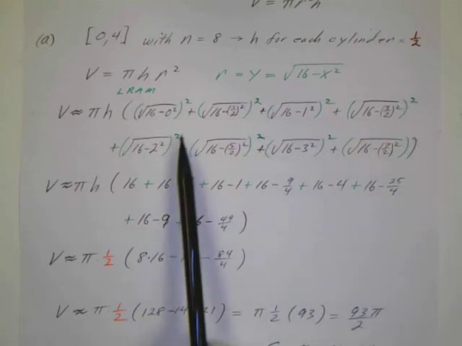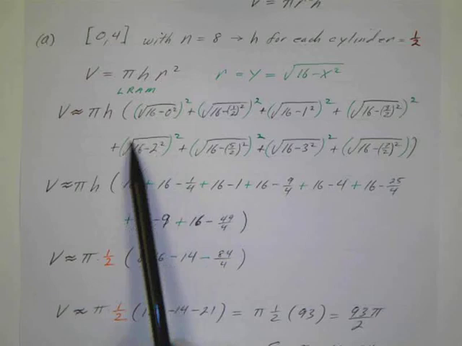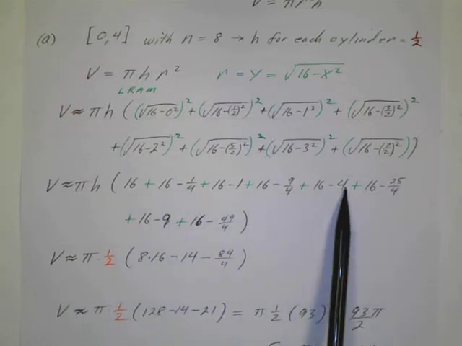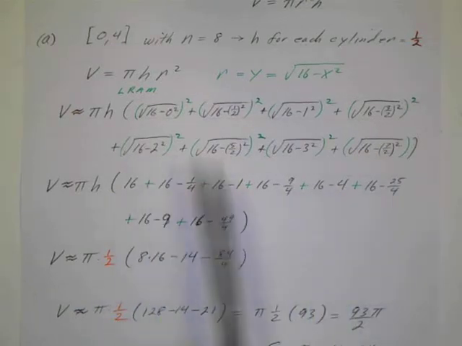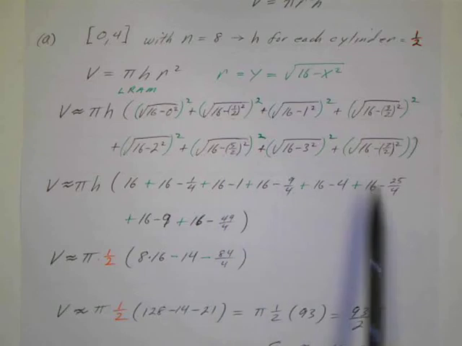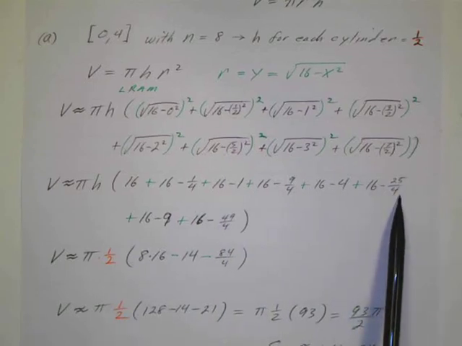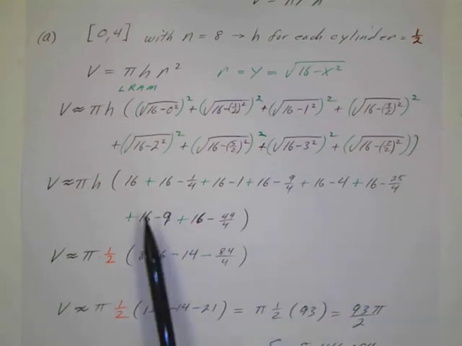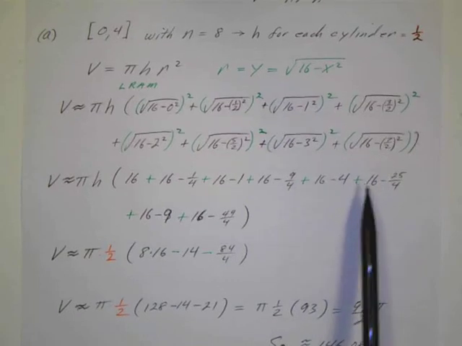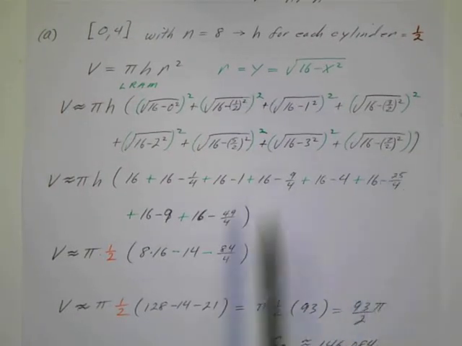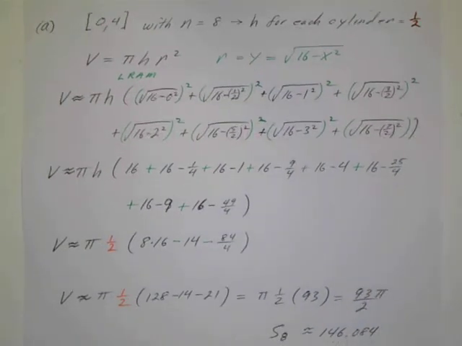Square root of 16, so that's good. That will just cancel out the square root sign. 16 minus 2 squared is 16 minus 4. 16 minus 5 half squared is 16 minus 25 over 4. And 16 minus 3 squared is 16 minus 9. And then finally, 16 minus 7 half squared is 16 minus 49/4.